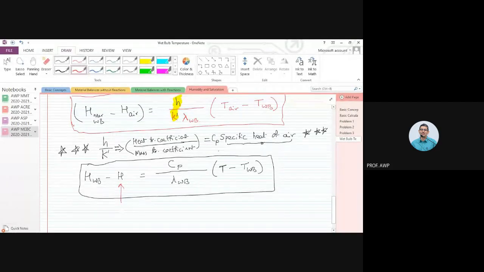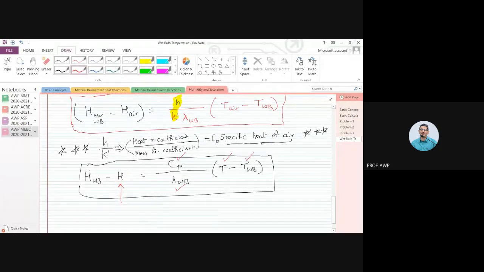So if I take two thermometers, one which measures the temperature of the air, one which measures the wet bulb temperature, I know these two values. I know the Cp of air. I know the latent heat of vaporization of water.